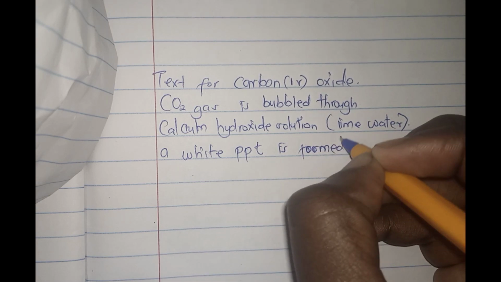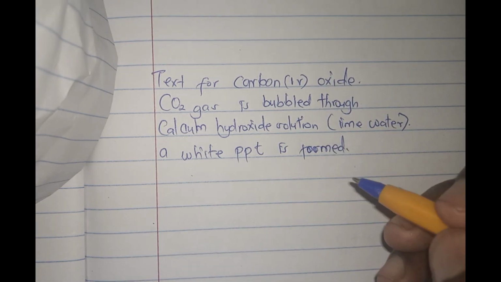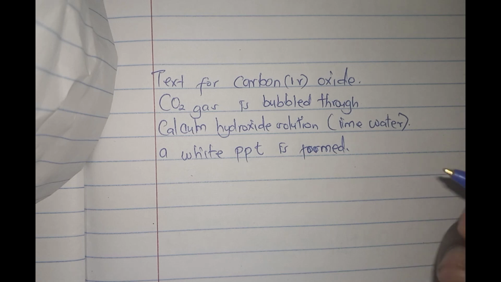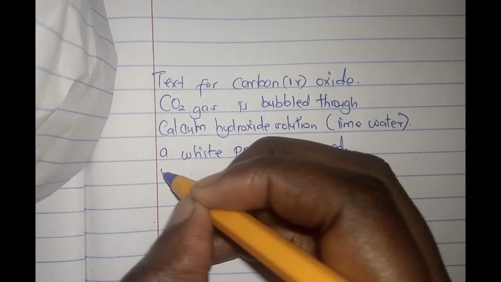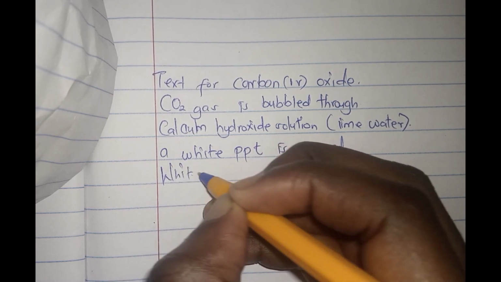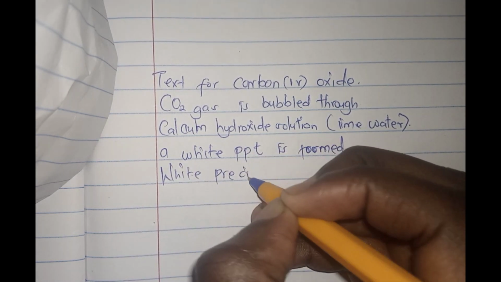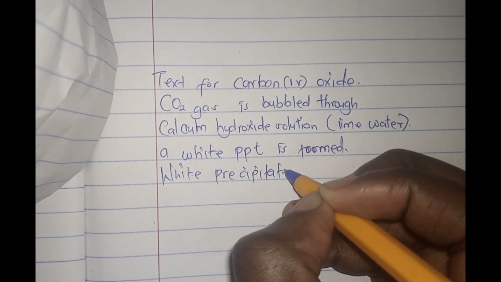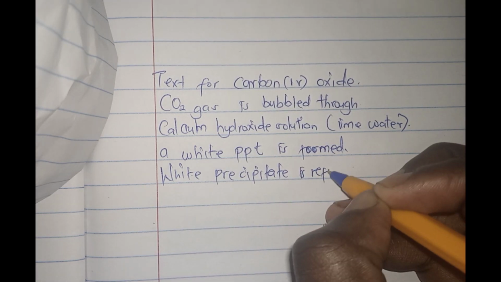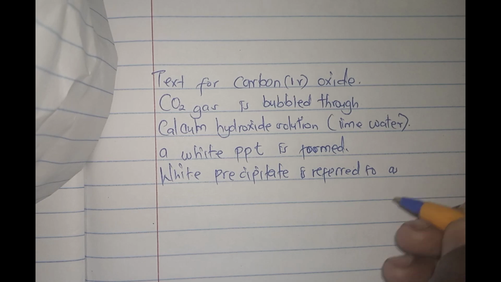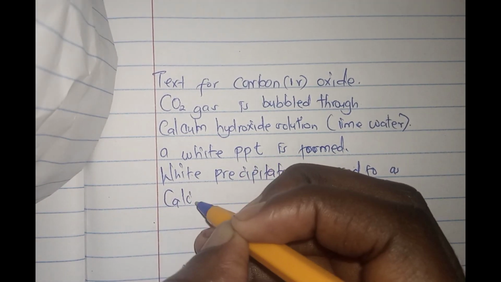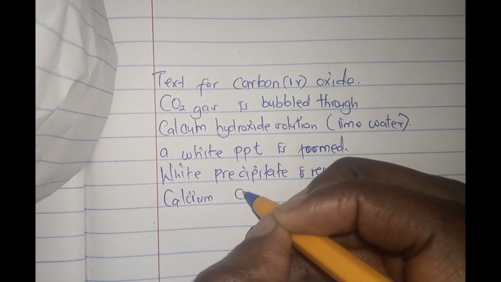The white precipitate that is formed is referred to as calcium carbonate.